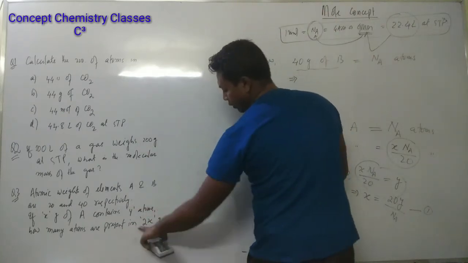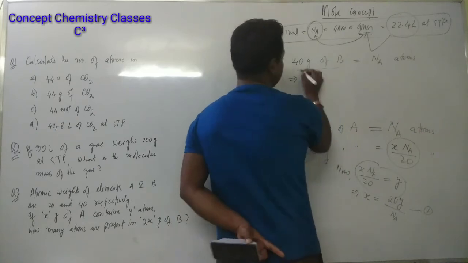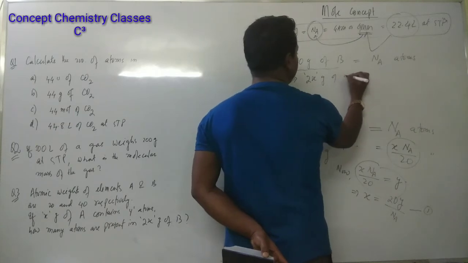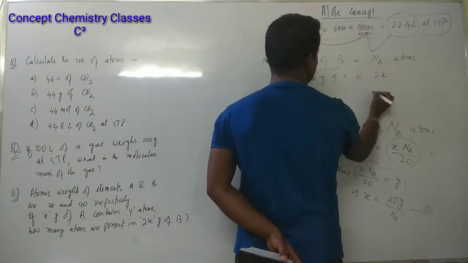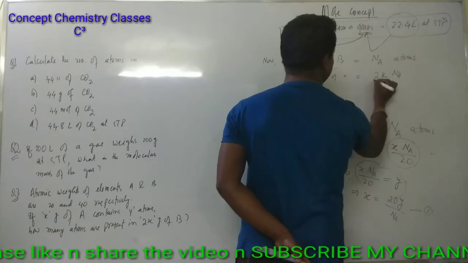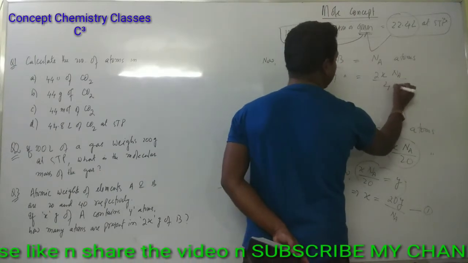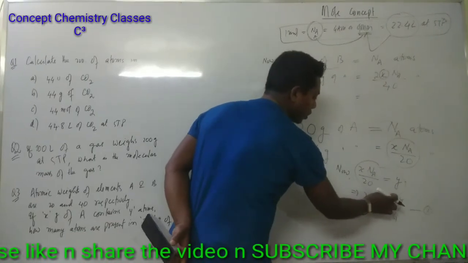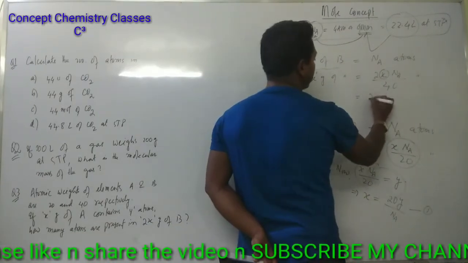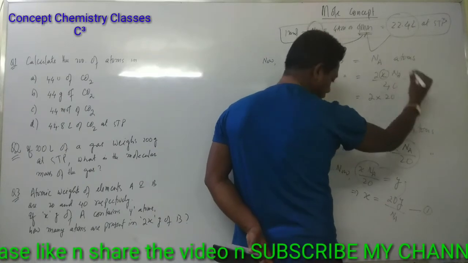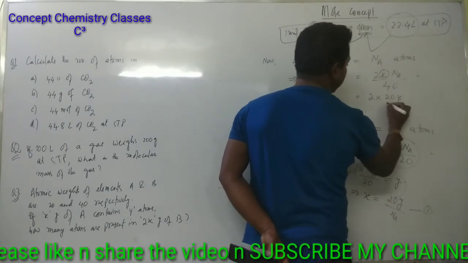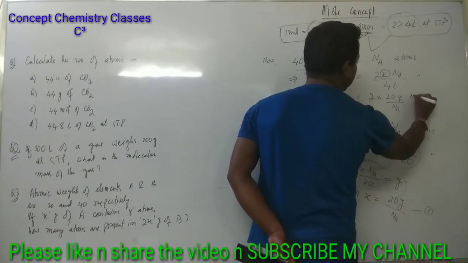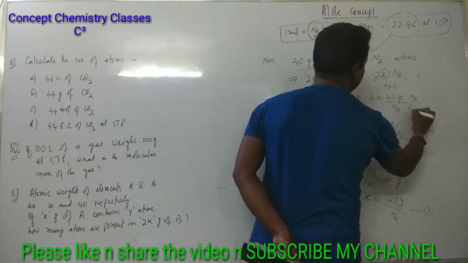Now we need to calculate for 2x gram of B. This implies 2x gram of B contains 2x into Na divided by 40 atoms. Now instead of this x, we have to put 20y by Na. So 2 into 20y by Na, here Na is here and 40.